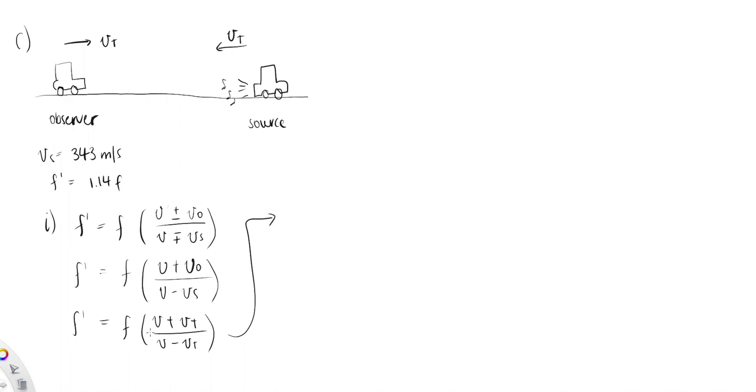We were also told that the frequency detected is 1.14 times what it would be detected if they weren't moving, so we can sub that straight in. And now what we have to do is solve this for vt.